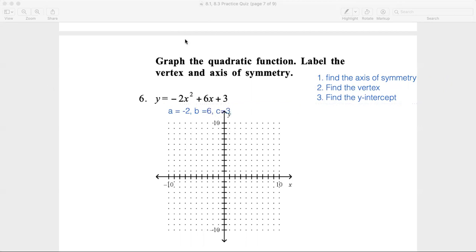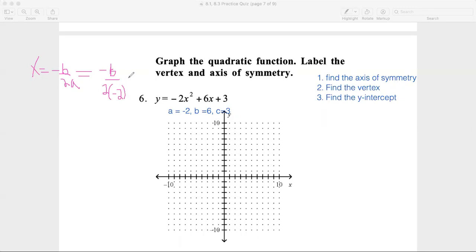Okay, so my line of symmetry would be x equals -b over 2a. Always, always, writing out the equation just prevents silly little mistakes that we don't want to make. So then it will be -6 over 2 times -2. Oh man, another fraction.